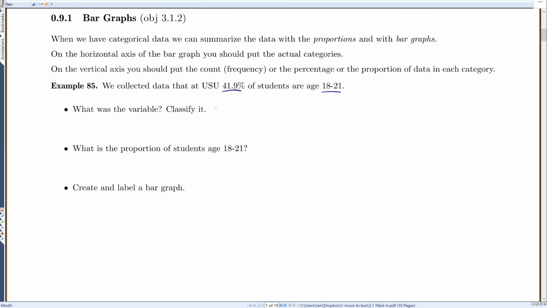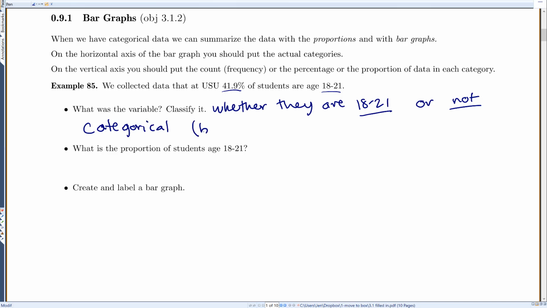So the variable is whether they are 18 to 21 or not. Those are the two categories. So it is categorical because there are only two categories. You could be more specific and say it's binary, which means we can use proportions or percentages to summarize it. So what is the proportion of students age 18 to 21? Well, it said 41.9%, so that would be 0.419.